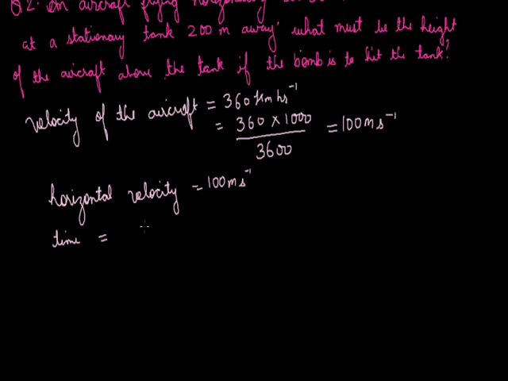Again we use the same formula: distance by speed is time. The distance the bomb has to travel is 200 meters, and the velocity is 100. Hence the time taken is 2 seconds.